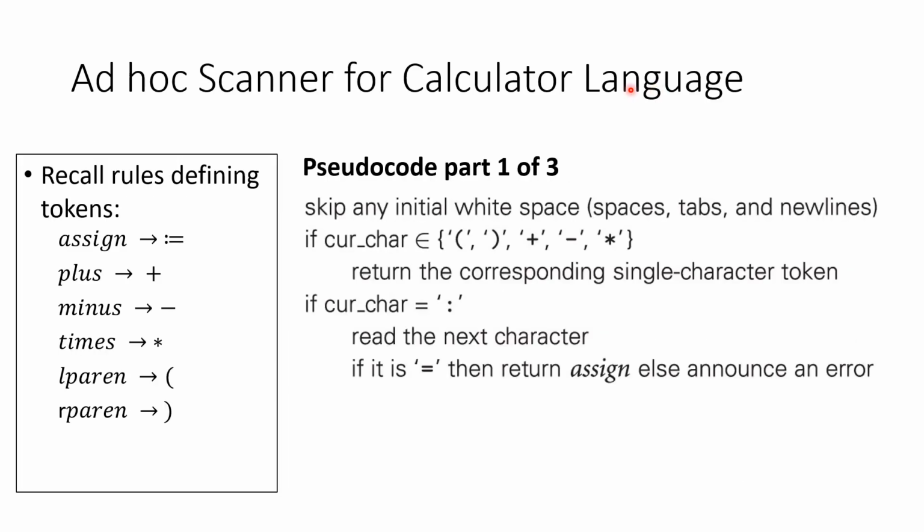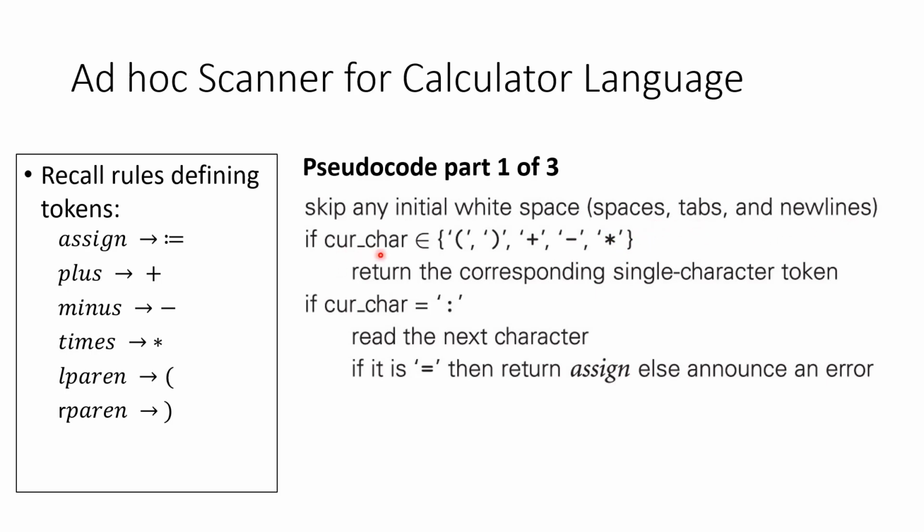Suppose we are building an ad hoc scanner for our calculator language. On the right side is the first part of the pseudocode for this scanner, which recognizes the tokens defined in the rules on the left side. So we read characters one at a time with lookahead, skipping any initial white space, including spaces, tabs, and new lines.